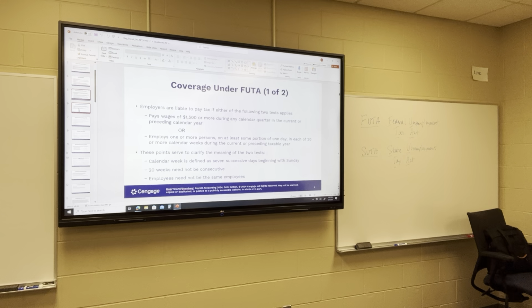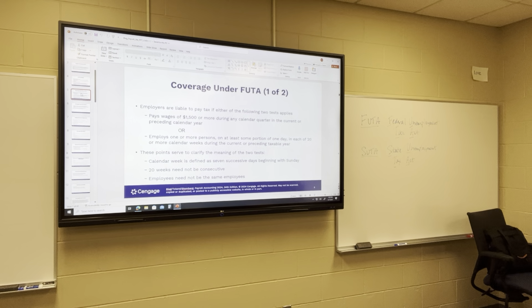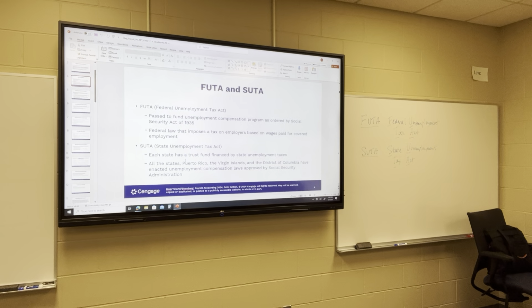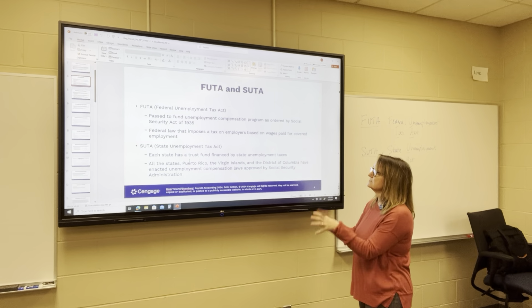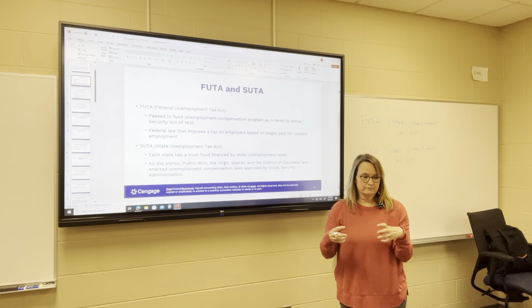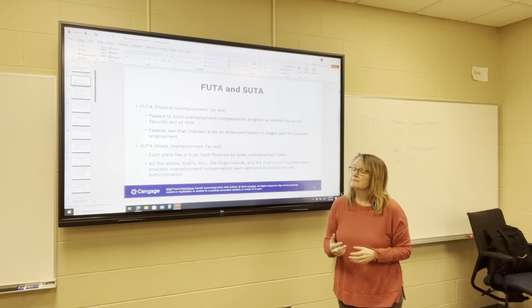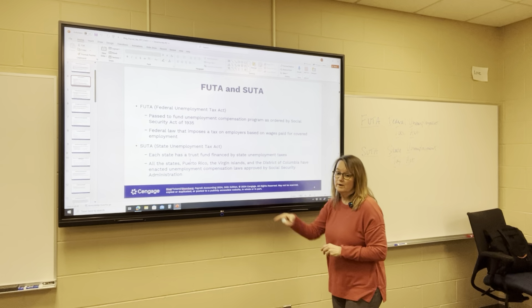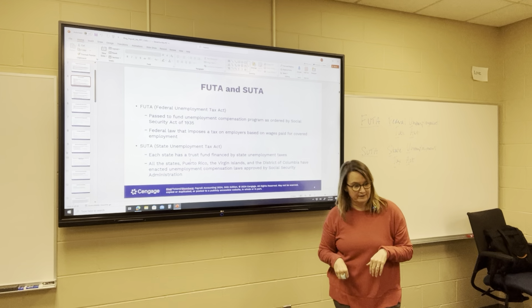I do want to say, before we get into that, one of the things I wanted to point out that's not really clear on this slide. So I had mentioned that these two taxes work in conjunction with each other. They're two separate taxes, so employers have to pay both of them. The federal unemployment tax essentially just funds administration of the program.